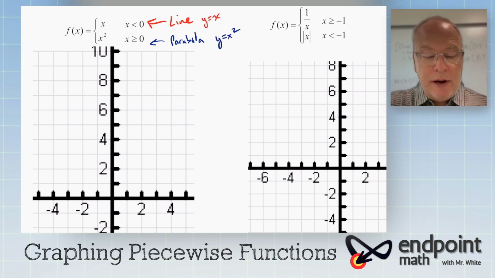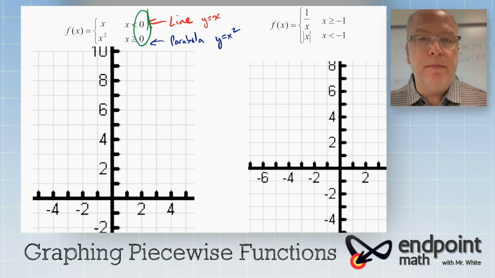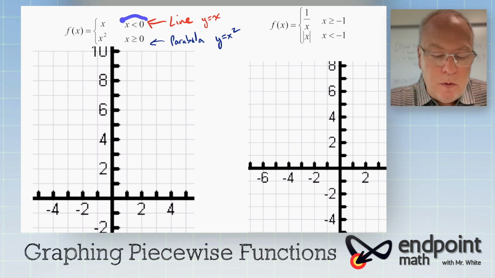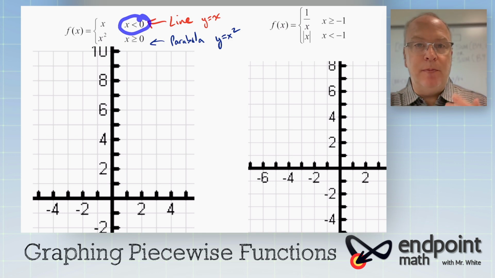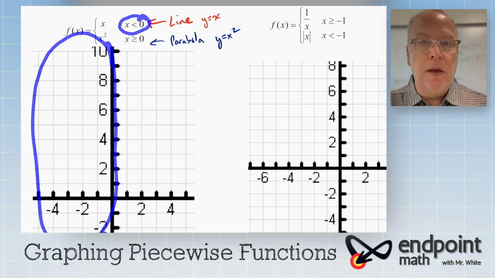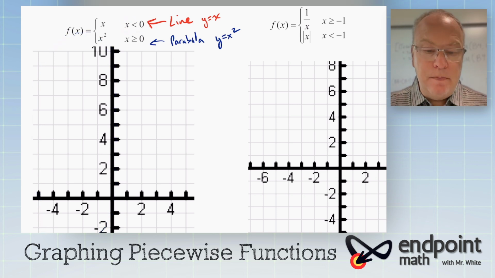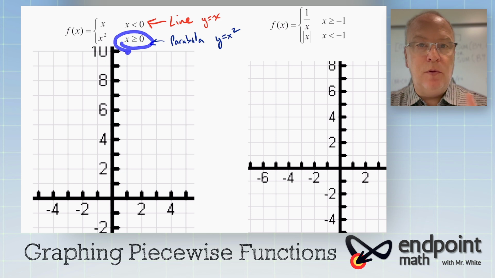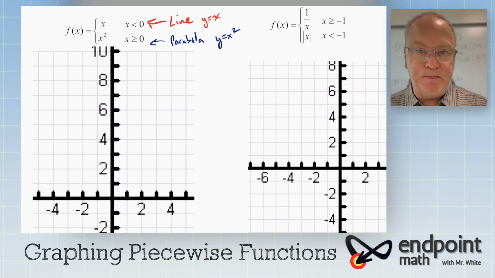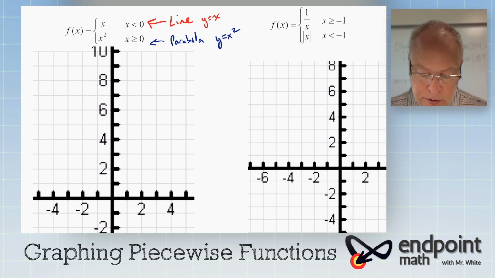Now, there is a transition from one to another that happens at x equals 0. So when we are on the region of the graph, this would be quadrants 2 and 3, where x is less than 0, over here we're going to be on the line. We're going to have the line graphing. And then when x is positive or equal to 0, which is over here, we're going to be drawing the parabola.